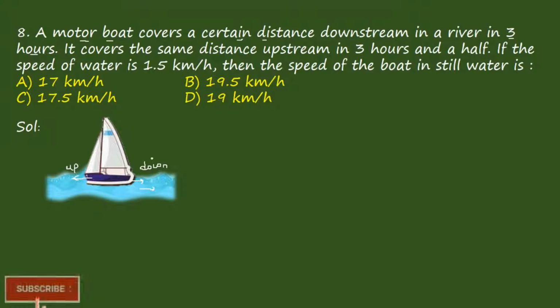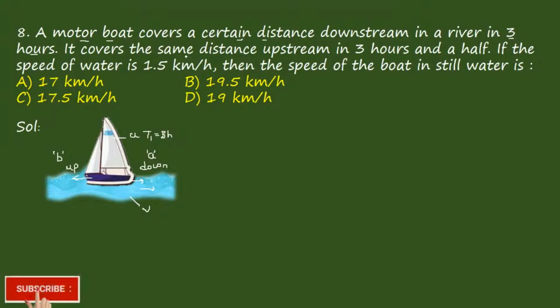If the downstream speed is A, upstream speed is B, the speed of the boat is U, and speed of the stream is V. They are given that the time taken, T1, is equal to 3 hours to move downstream.